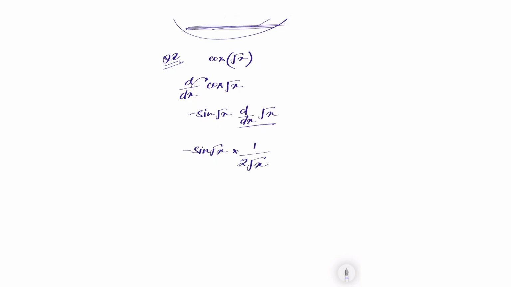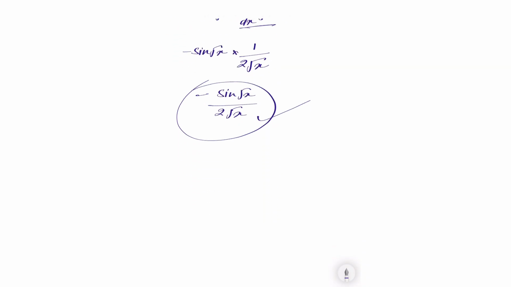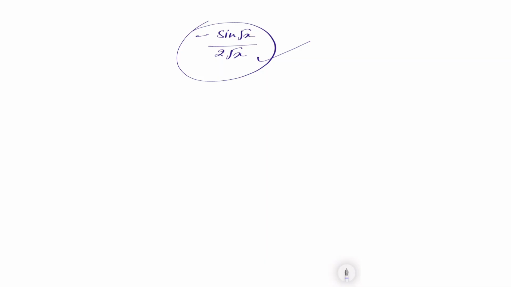So answer will be minus sine root x divided by 2 under root x. This is the final answer. Look how simple differentiation is if you have proper command over the three rules: chain rule, multiplication rule, and division rule. Once again, revise the multiplication rule.